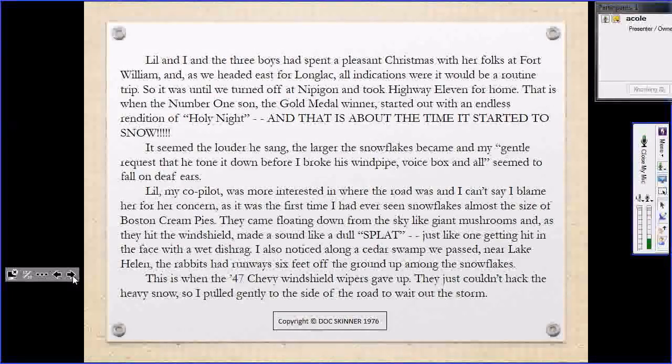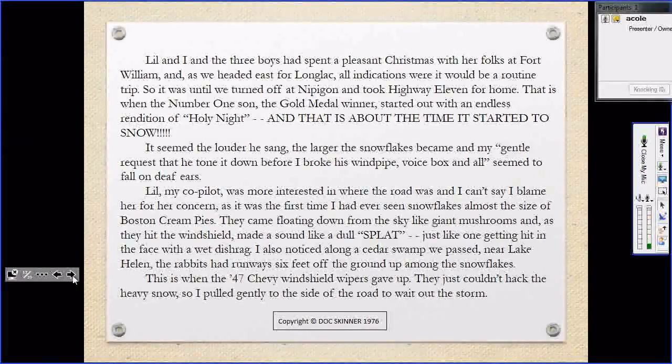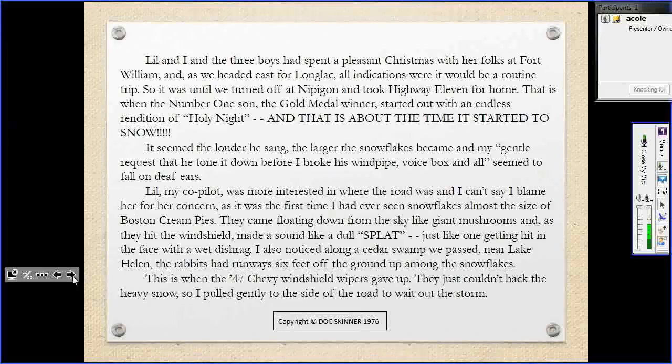It seemed the louder he sang, the larger the snowflakes became, and my gentle request that he tone it down before I broke his windpipe, voice box and all, seemed to fall on deaf ears. Lil, my co-pilot, was more interested in where the road was, and I can't say I blame her for her concern, as it was the first time I had ever seen snowflakes almost the size of Boston cream pies.